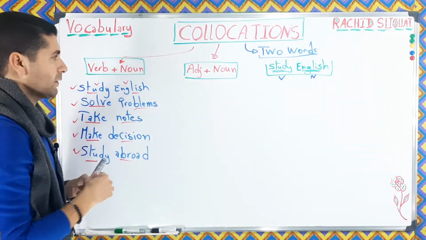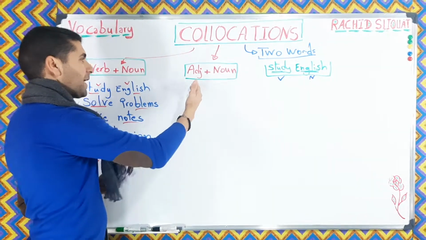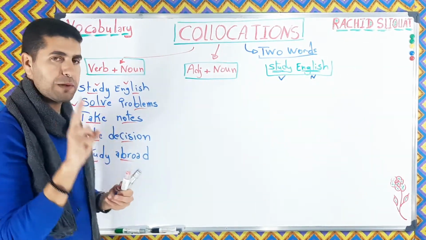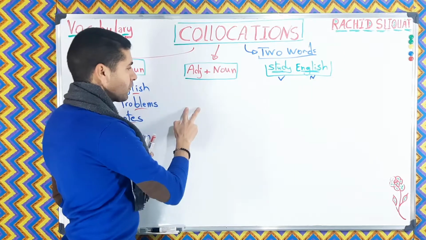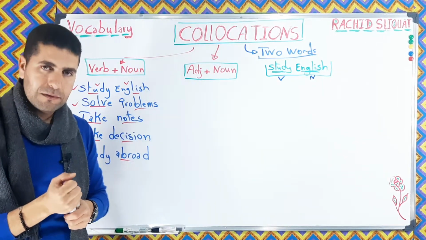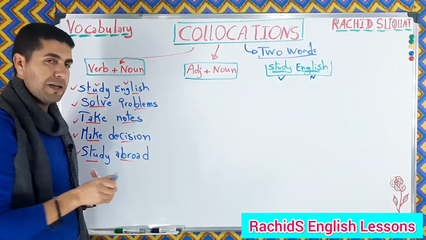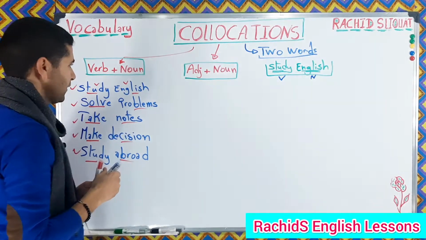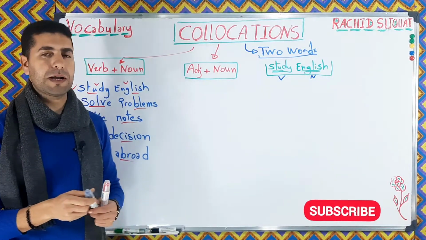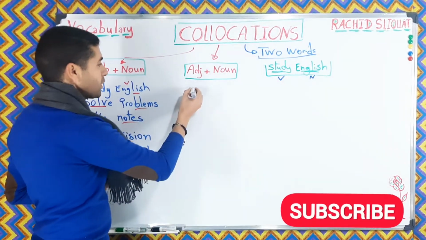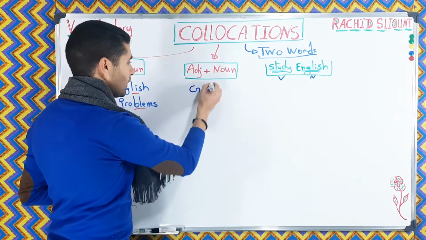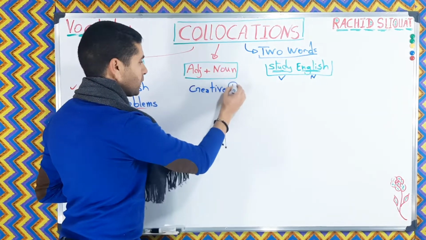You complete the list. If we go to adjective plus noun, again, we will have two words, but one is an adjective and the other one is a noun. The first one is an adjective and the second one is a noun. We can say, for example, we can take in the baccalaureate program, we can say creative person.